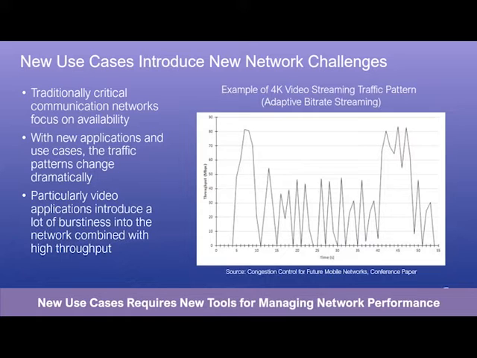On the slide here, I have an illustration of the traffic patterns for a 4K video streaming feed, adaptive bitrate stream. And as you can see from the picture, the traffic is quite bursty. And these bursts in the video feeds can introduce, for instance, packet loss or significant additional delay to the other traffic flows on the same network.